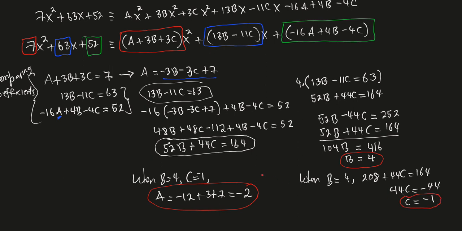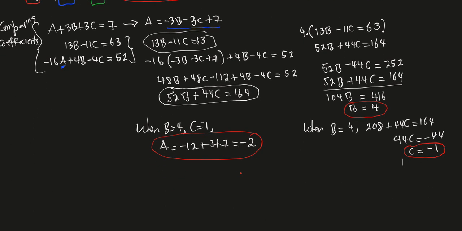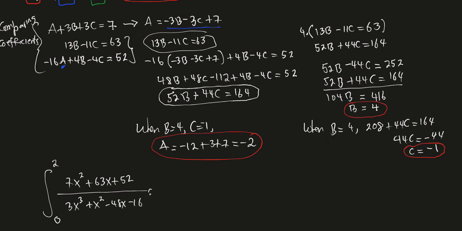Now you can see there was a bit of algebra that we had to do, right? So what does this mean? So it means our original, so let's write down our integral. This is what we had to do, is the integral from 0 to 2 of 7x squared plus 63x plus 52 all over 3x cubed plus x squared minus 48x minus 16 dx.